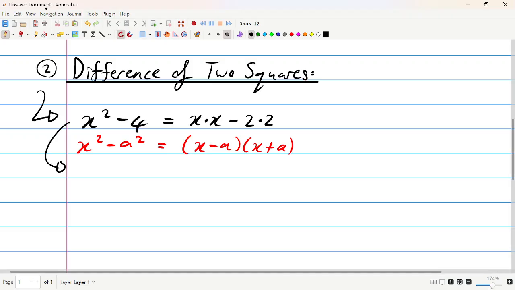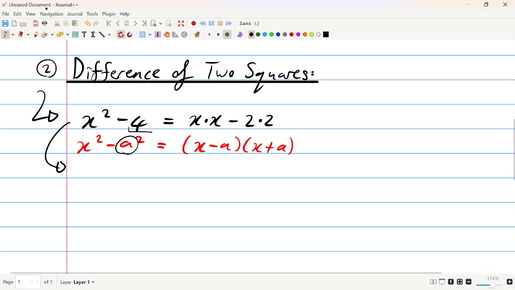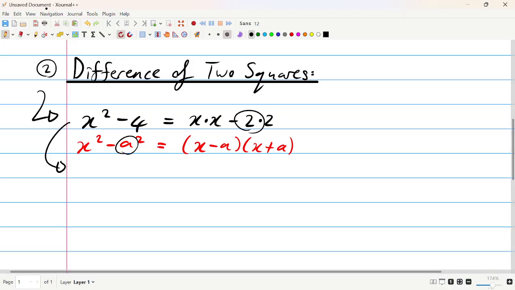So here, what do you notice? We have x squared minus a squared, where clearly x is represented by x and a is represented by the square root of 4, which is going to be 2. Because remember, it's a squared. What multiplies itself twice? It is 2. So a squared will actually be 4.